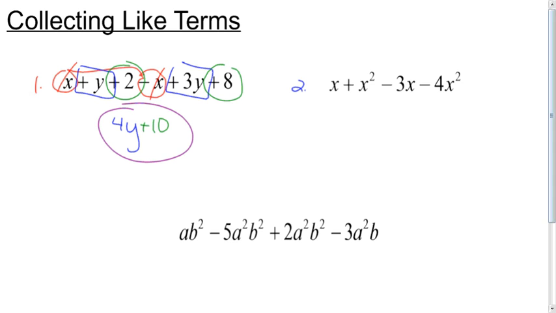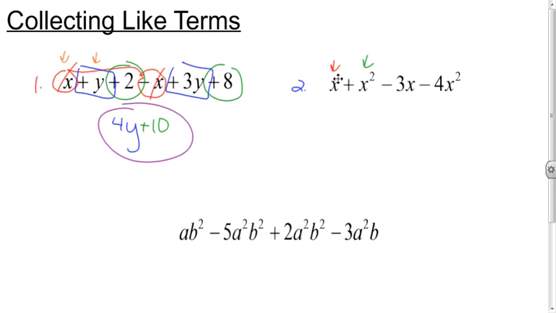Remember what I said over here, where this is very much an apple and an orange? There's not a lot of convincing to do for the sake that x and y are not like terms. But think of x and x squared as a red apple and a green apple. They're not really the same when you go to organize them. The number x squared is not the same as the number x.